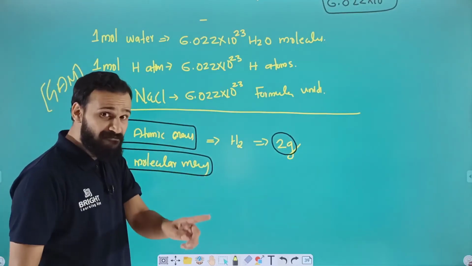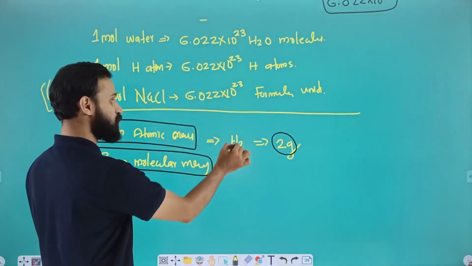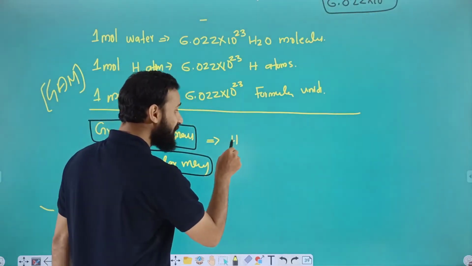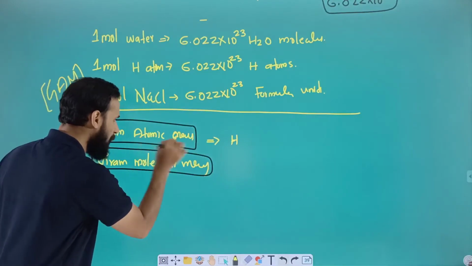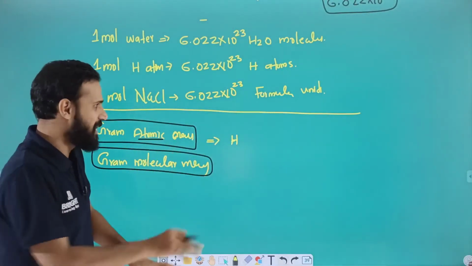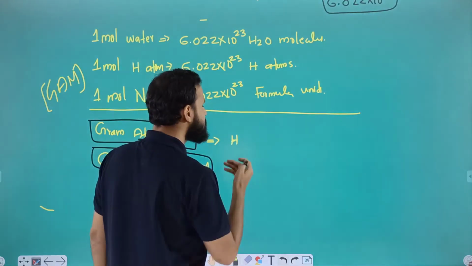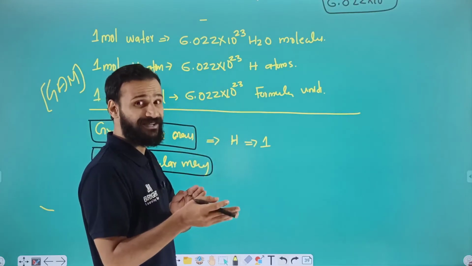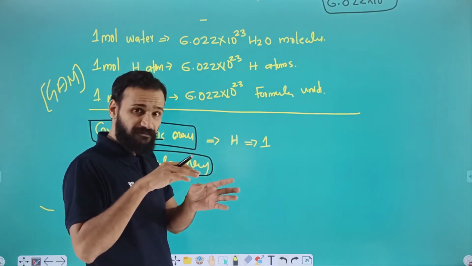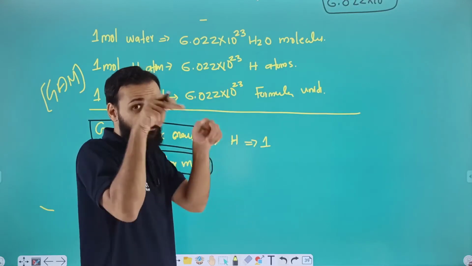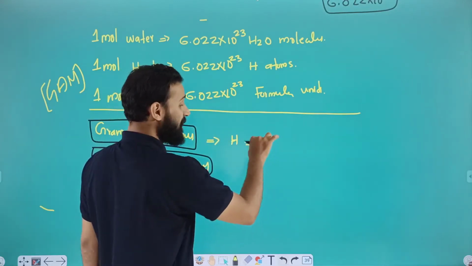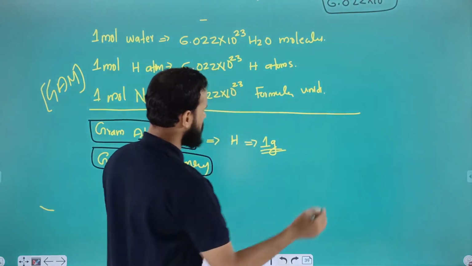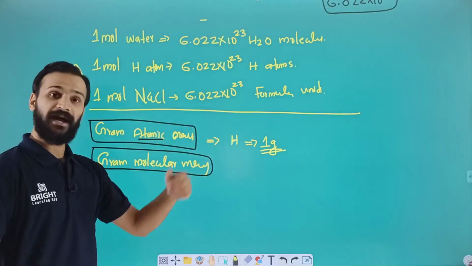Here H2 is a molecule, so let's change it: for atomic mass we should take an atom, not a molecule. If you are taking one hydrogen atom, its mass is 1 amu, or unified mass u. If you take it in gram, we take 1 g. So this 1 g represents the gram atomic mass of one hydrogen atom.